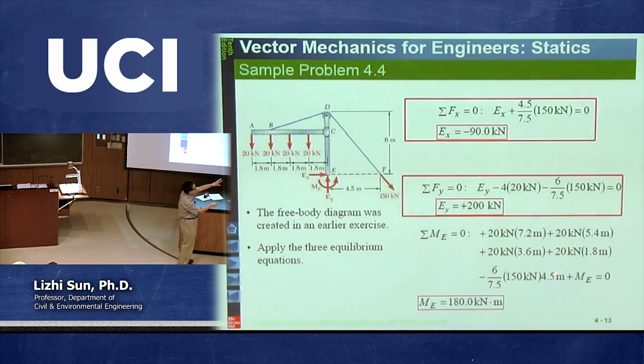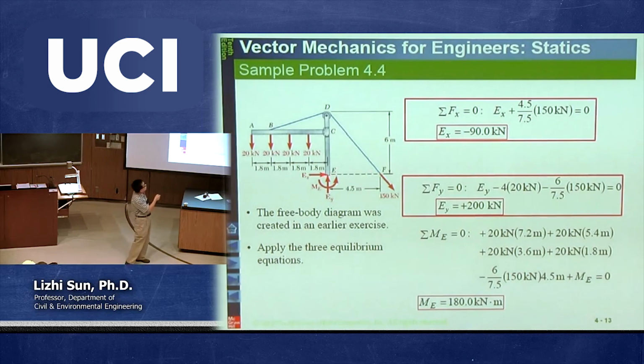They use a different way, and I will explain this. But what I'm saying is if I can calculate the shorter distance, that's the same thing. So 4.5 times sine of this angle, 6 over 7.5, that's the shorter distance. The shorter distance multiplied by 150, that's the moment. And this moment has a potential to rotate this rigid body at point E clockwise. That's why I put the negative sign.